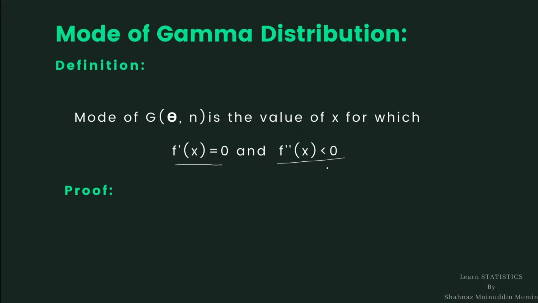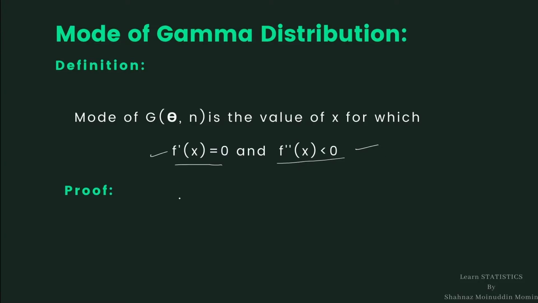In order to verify the maxima condition of the PDF, these two conditions are necessary. Hence, mode is the solution of the equation f dash x equal to 0 and f double dash x less than 0.